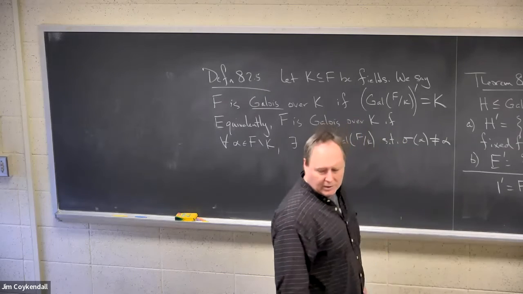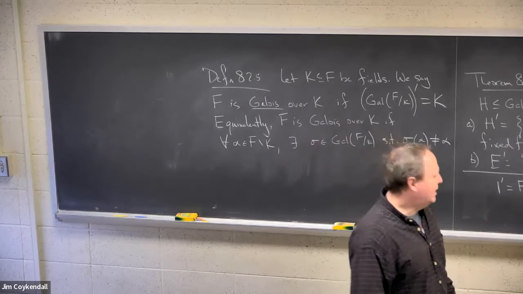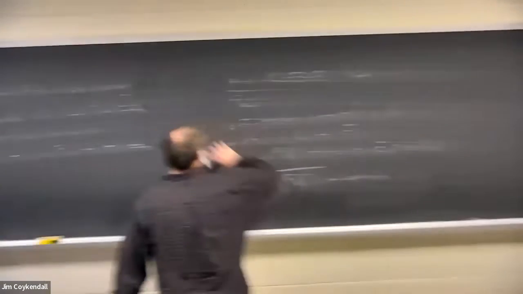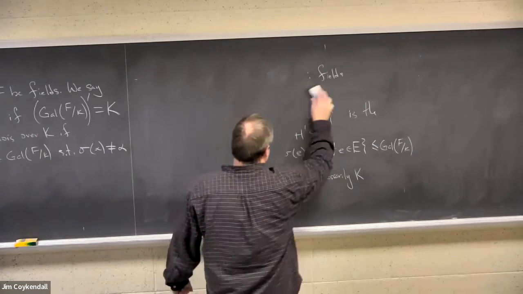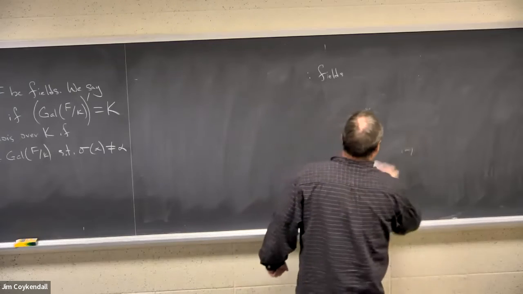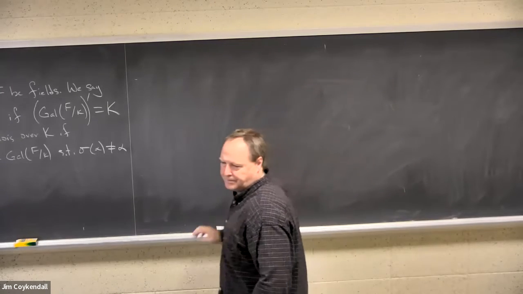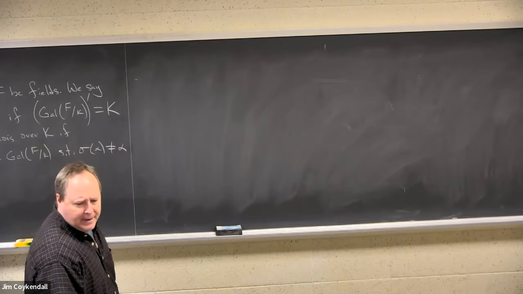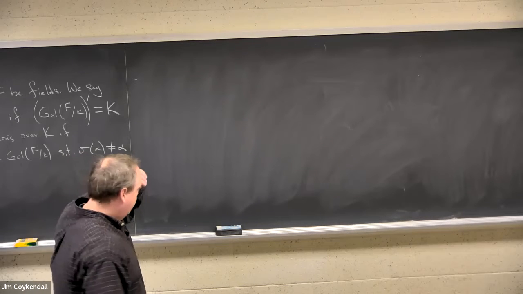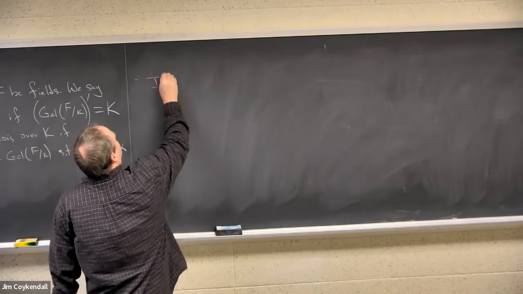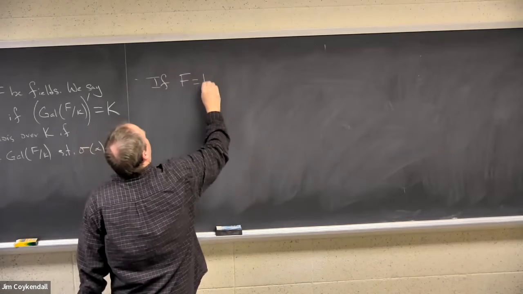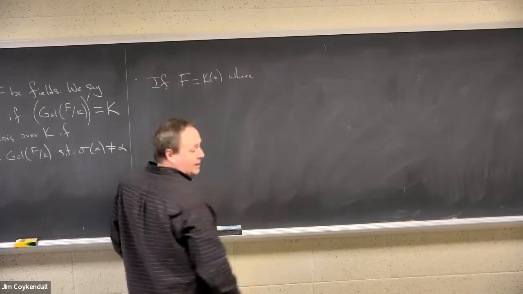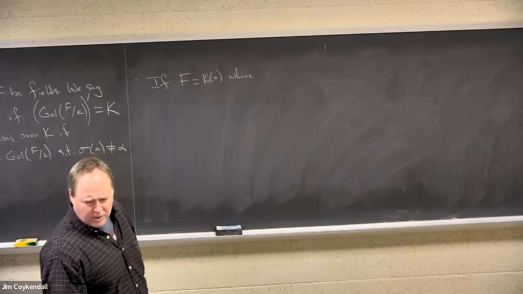Let me make a remark, which is really more of a spoiler remark, but I like to bring this up so that you can have a way to think about this. U is the root of some polynomial.